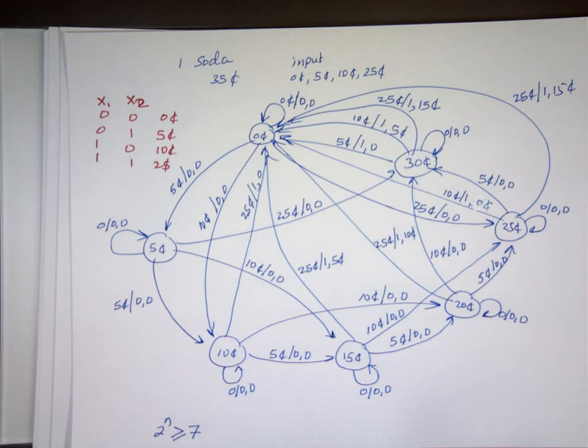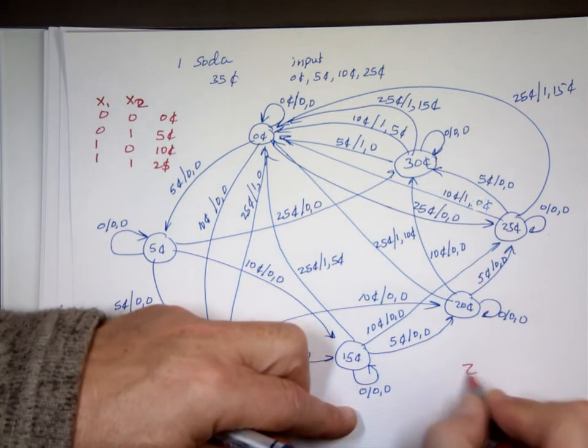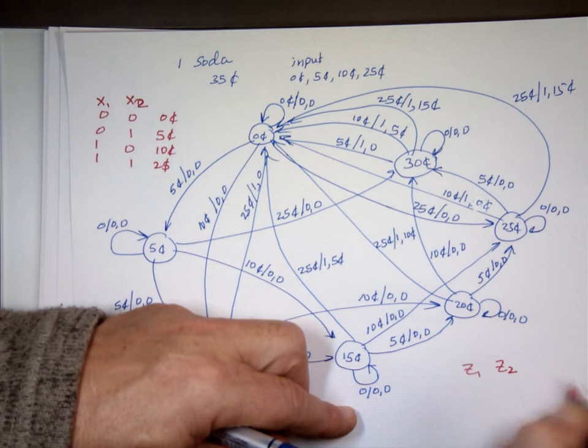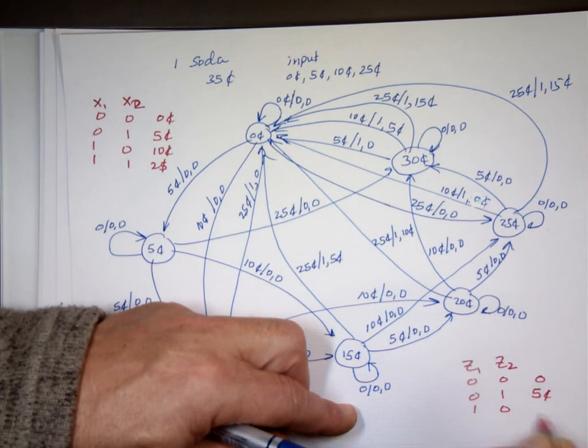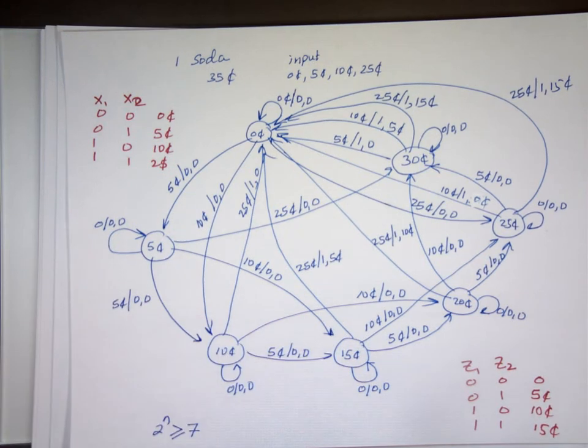Right? So Z1 and Z2 for change back. 0, 0, you get no change back. 0, 1, you get 5 cents back. 1, 0, you get 10 cents back. And 1, 1, you get what? 15 cents back. So your design now is going to be massive because you have 2 4x4 K-maps for each one of these, Q1, Q2, Q3.